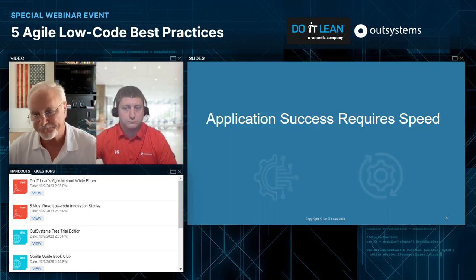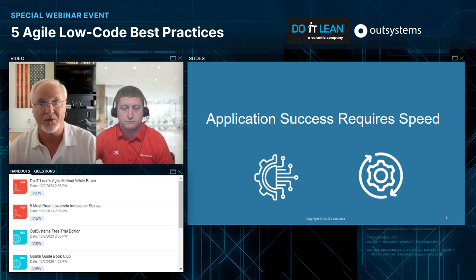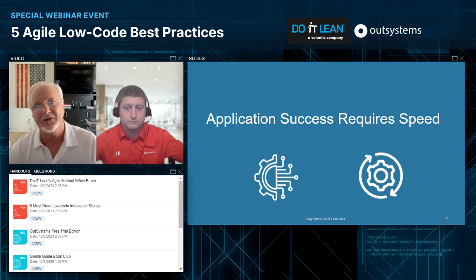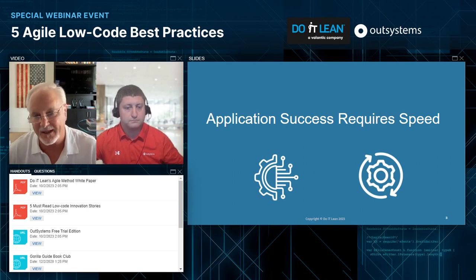So application success, I believe, requires change, but it's got to require you to deliver and change new software incredibly fast. So we must build and deliver new applications faster than we ever have in the past. And there are better ways to build software for your business, spanning both technology and processes.